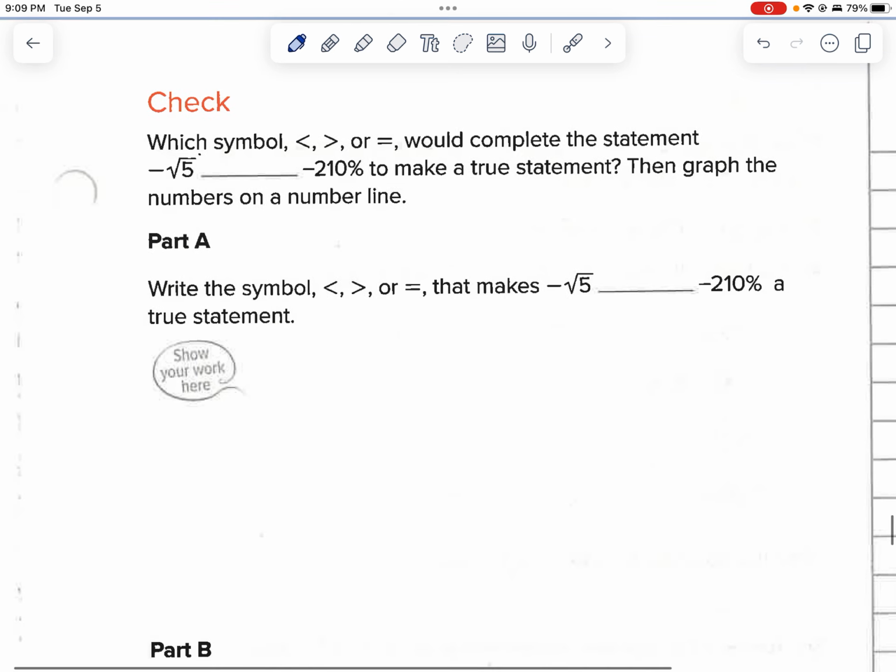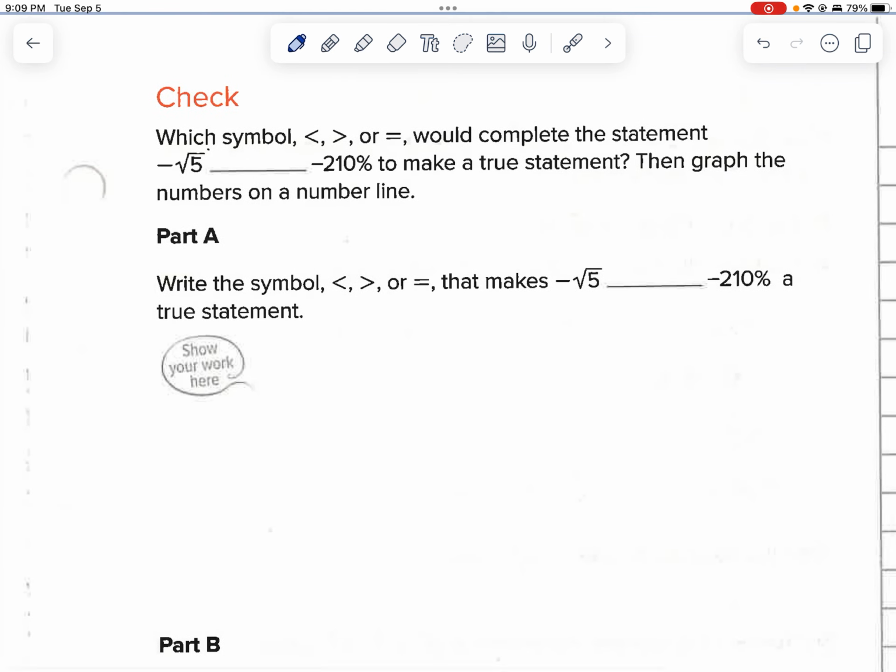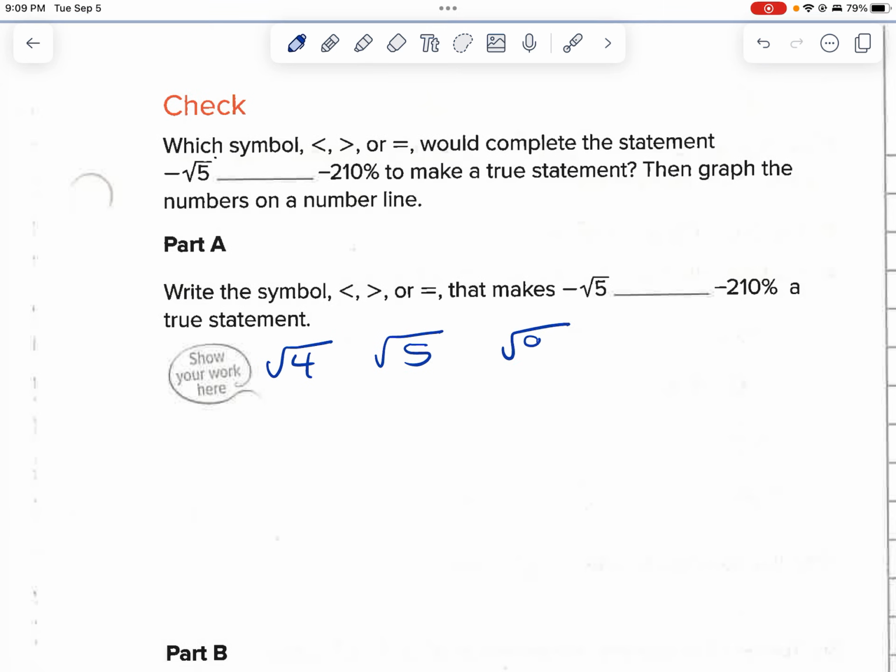So here we go. The square root of 5. So that's between the square root of 4 and the square root of 9. This is only 1 away. This is 4 away. So it's super close to 2. So I'm going to say 2.2 approximately.